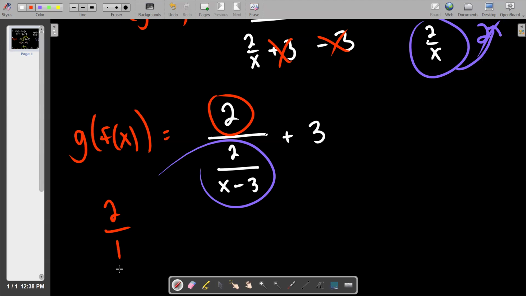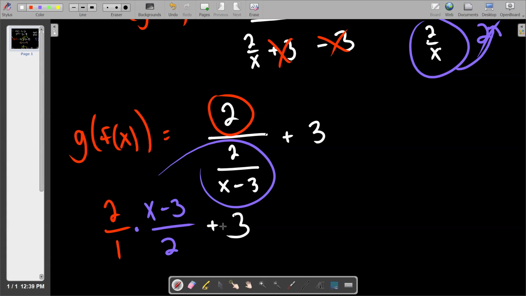The purple circle, since it's a divisor, I flip it over and I change this to multiplication, and the x minus 3 goes to the top and the 2 goes to the bottom. And then the plus 3 just gets copied over. Good.